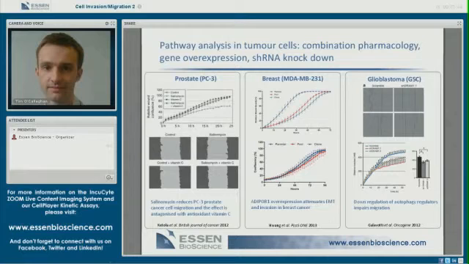Adiponectin receptor 1 is often underexpressed in aggressive breast cancer cell types, and they overexpressed adiponectin receptor 1 in a basal-like cancer cell type, MDA-MB-231 cells.